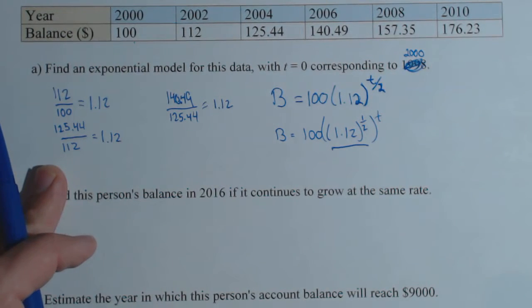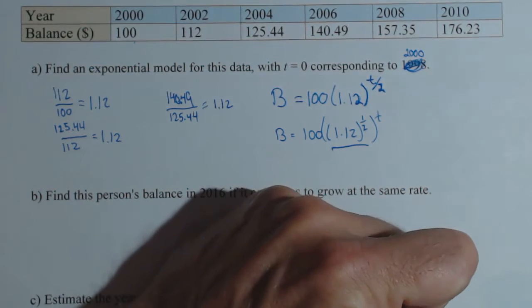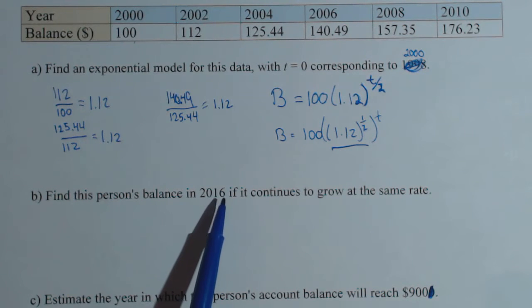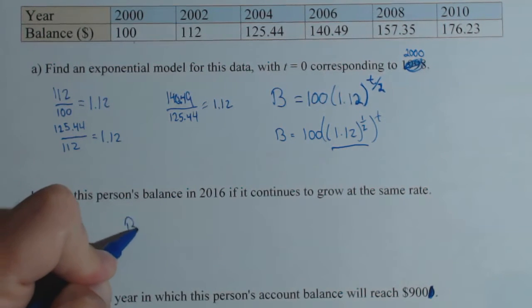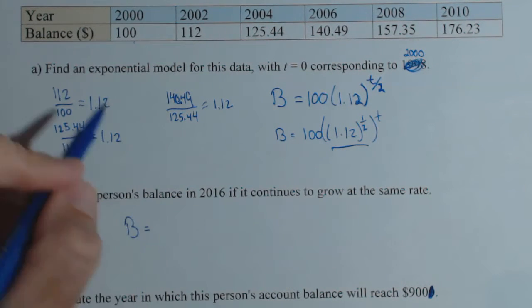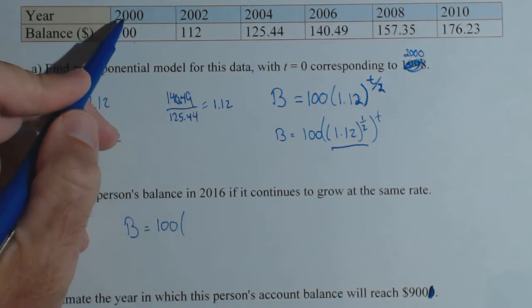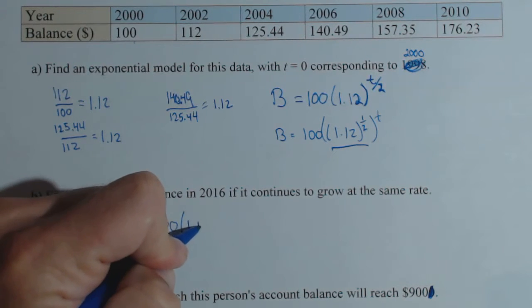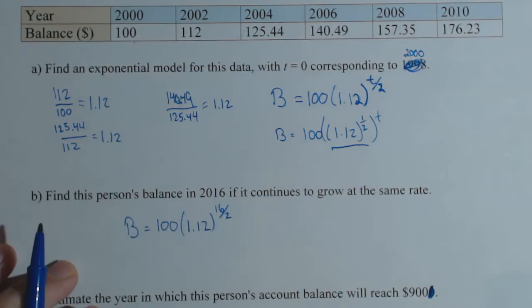But all we needed was our model, which we have. And now, that should say $900, not $9,000. Excuse me. If we wanted the balance in 2016, we have our model, and all we're going to do is put the appropriate t value in. Well, 0 corresponded to 2000, so 16 would correspond to 2016. So 1.12 to the 16 over 2, or to the 8.